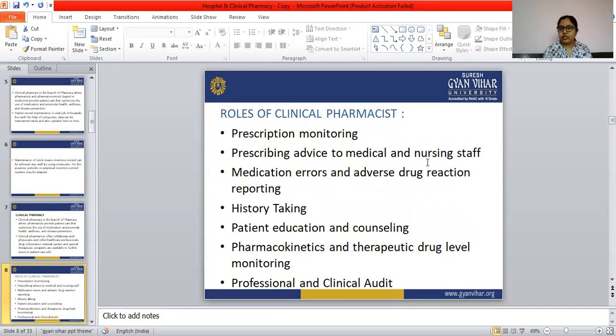Prescribing advice to the medical and nursing staff: they have to give advice on how to prescribe medicines to the medical and nursing staff. Medication errors and adverse drug reaction reporting, history taking, patient education and counseling, pharmacokinetic and therapeutic drug level monitoring, professional and clinical audit.